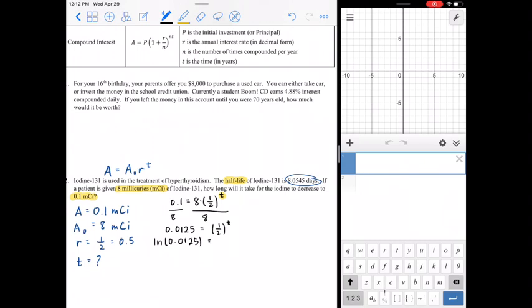I'm just going to say that natural log, I'm going to make that 1/2 a 0.5. And remember, there is something called the power rule for exponents. That means if that t is up there, when we take the natural log, we can bring it out in front as a coefficient.